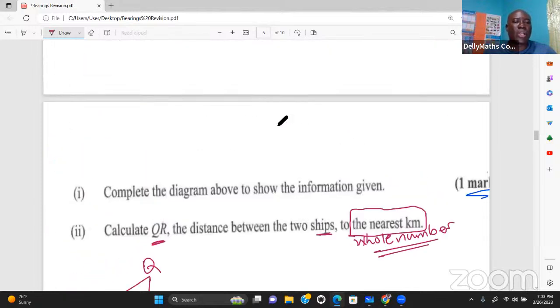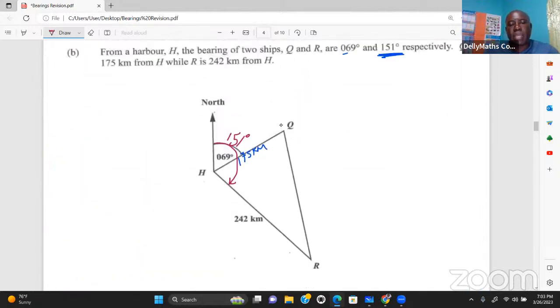So if you go back and look, it's the same principle like a question before. Two bearings overlap. If I want to find the angle right here, it's going to be 151, which is the bigger bearing. I'm going to take the smaller bearing from it, 65. So 151, take 65 from it, and I'm left with 86. So the angle between them right here is the 86 degrees.